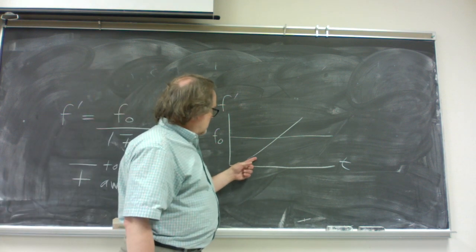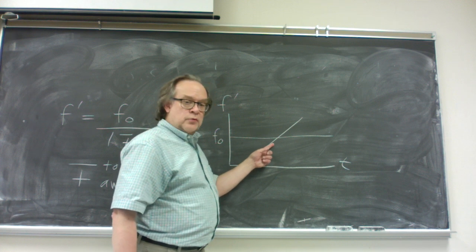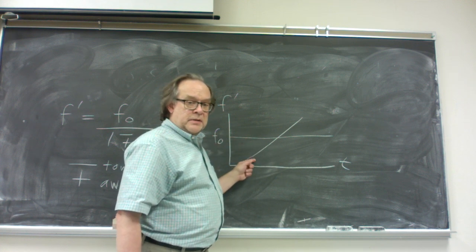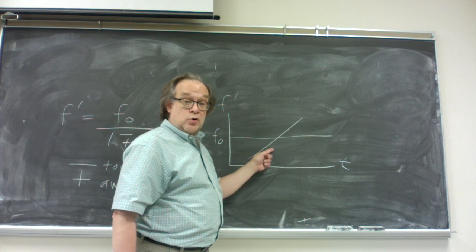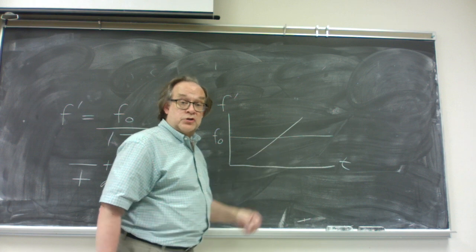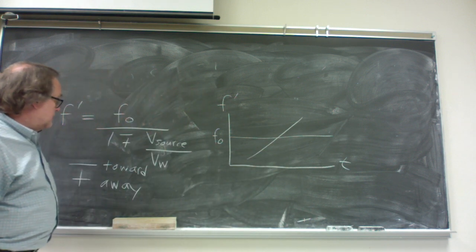But the frequency is less than the actual frequency at the source, but that frequency is increasing and approaching the value of frequency at the source. What's happening there?